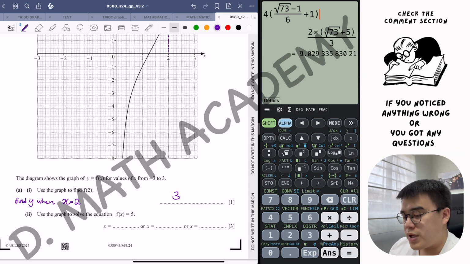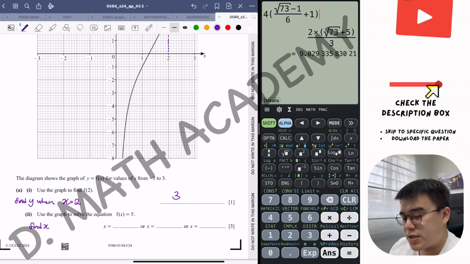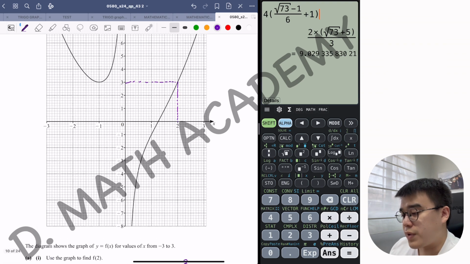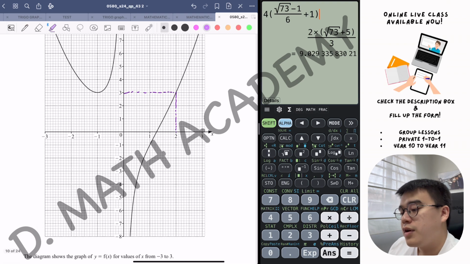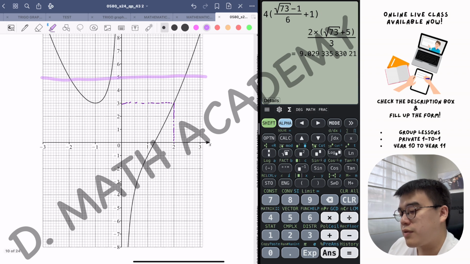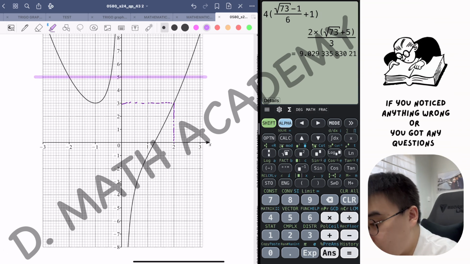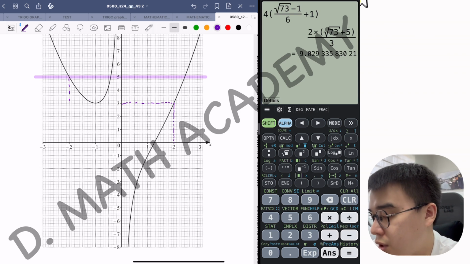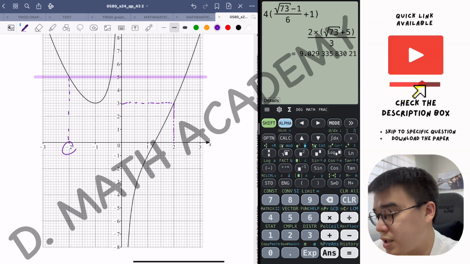The next one is asking us to find x when y equals 5. So when I check the 5 and I draw a line here at 5, I'm going to trace it down and see what's the value. It shows me -2.